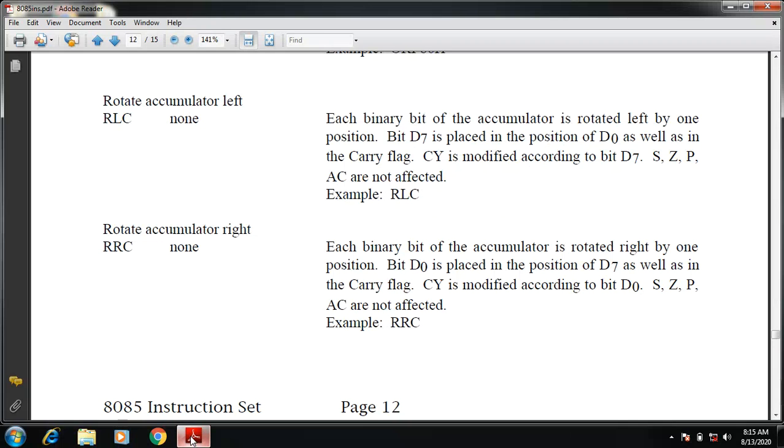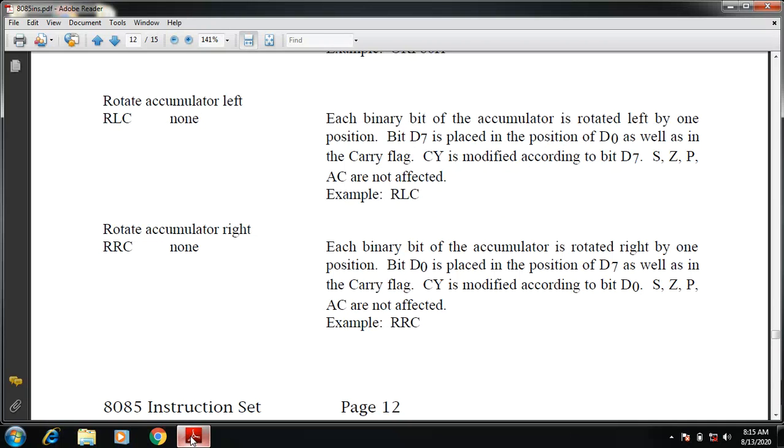The most significant bit D7 is placed in D0. Similarly D6 is placed in D7. Likewise you can rotate all the bits left. That is the use of RLC.